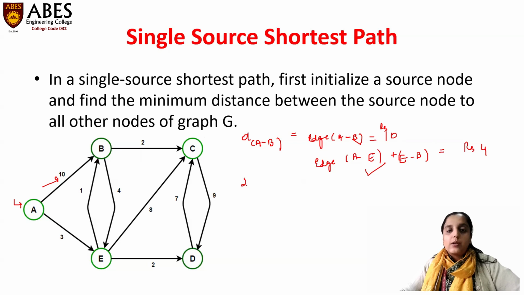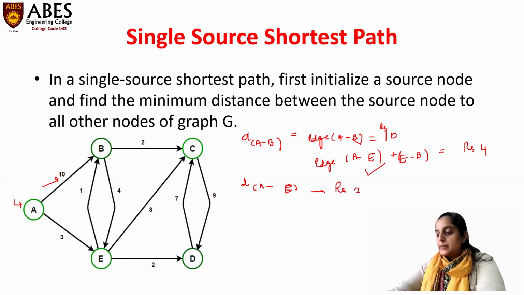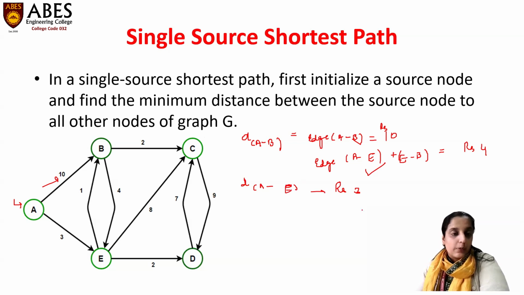Likewise, we can calculate the distance of A to E. Now, if I need to calculate the distance from A to E, there is one direct edge going from A to E, which will cost me rupees 3. But is it a shortest, or a minimum cost that I can bear, or are some more paths there to explore?